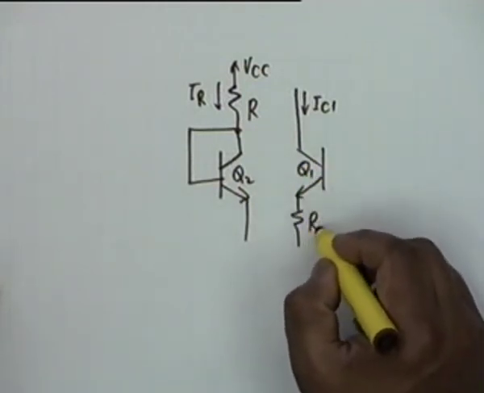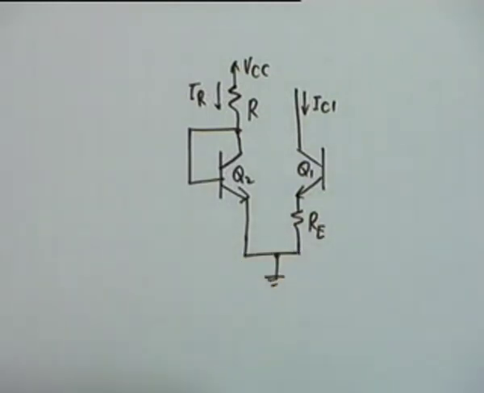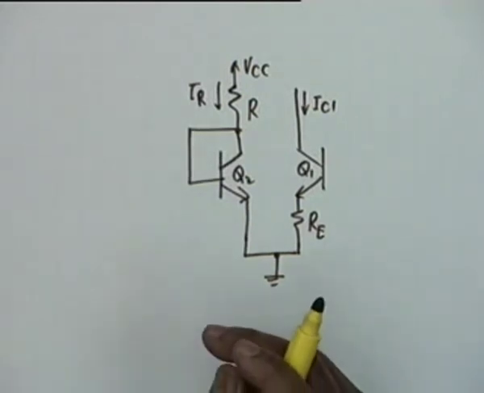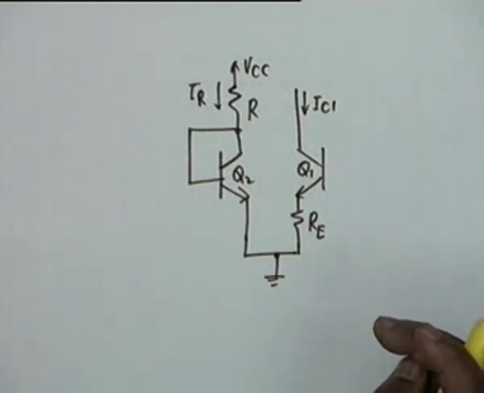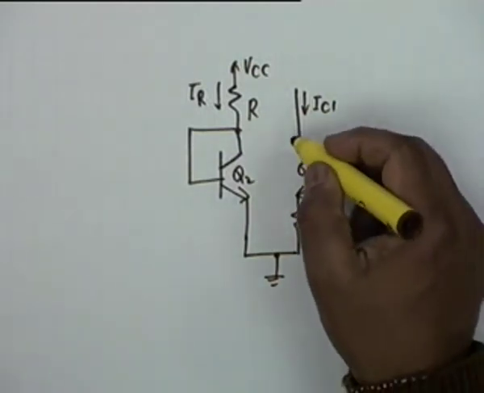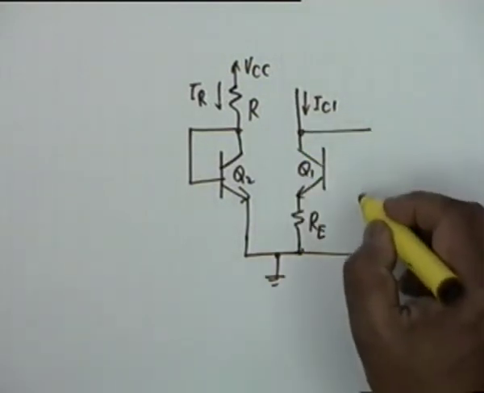Then there is a resistance RE. Now what we have to do is carefully draw its equivalent circuit and calculate what impedance is offered between this point and this point.